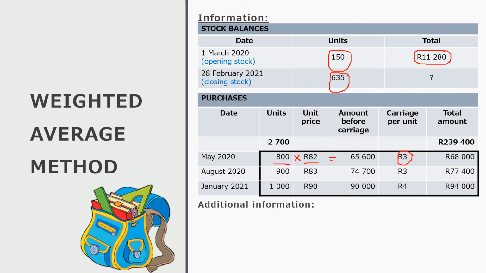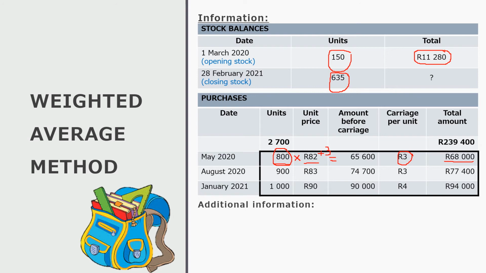So basically we take the 800 items that we purchased and we multiply not by 82, we multiply by 82 plus the 3 Rand that is the carriage. So 800 times the 85 Rand in total, that is where this 68,000 Rand is going to come from. The total amount includes the carriage.